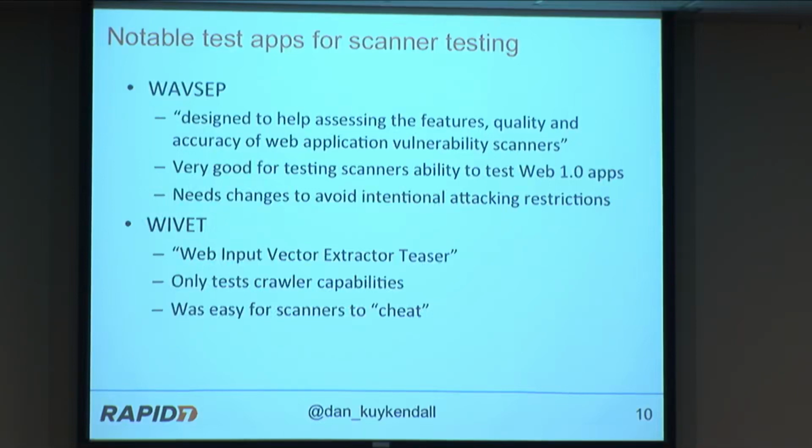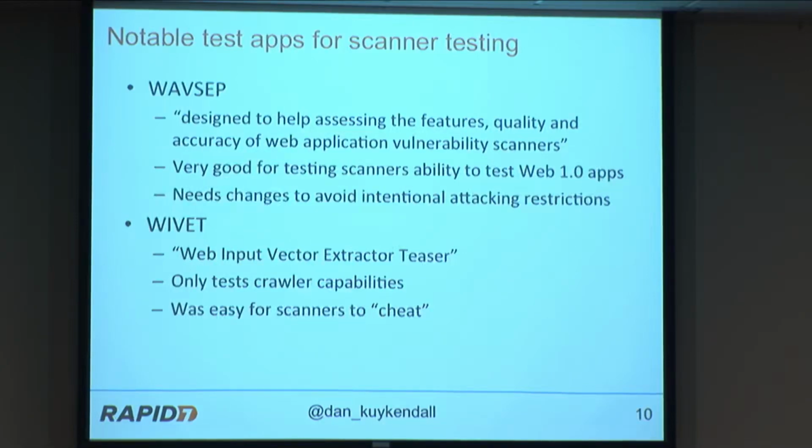If you get to this page and your attack payload finds the vuln, then great. But it's not really testing the ability to crawl and navigate through these applications. Wivit was intended to test the crawling capabilities, and it's like a JavaScript gauntlet, if you will. It's very useful, but it's very easy to cheat on that one, which was the bummer.